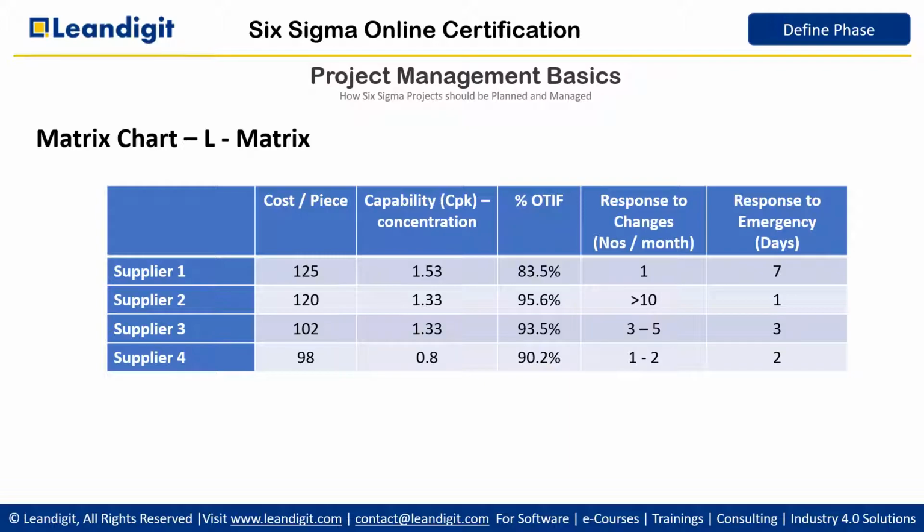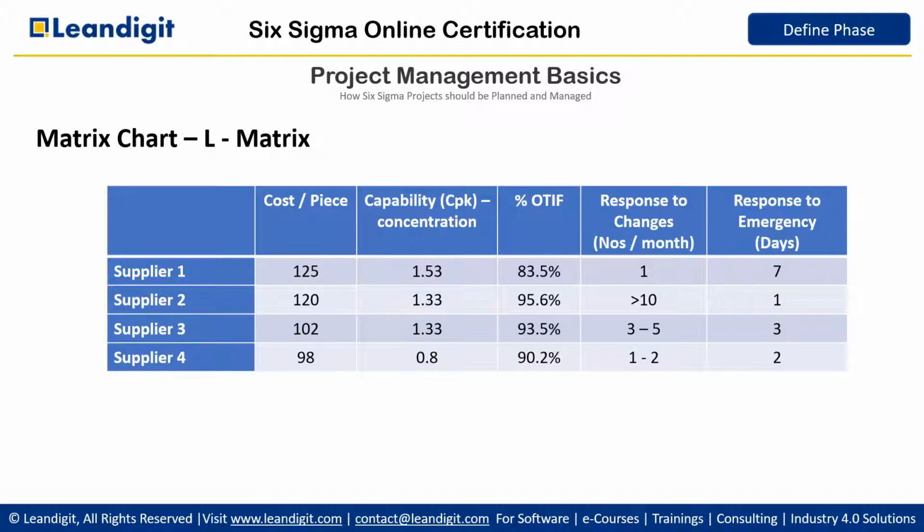For example, we have four suppliers, so we have a group called supplier group. We have some attributes on which we identify good suppliers, which are called supplier attributes. On cost, supplier 4 is the best. On process capability, supplier 1 is the best, while supplier 2 and 3 are almost neck to neck.